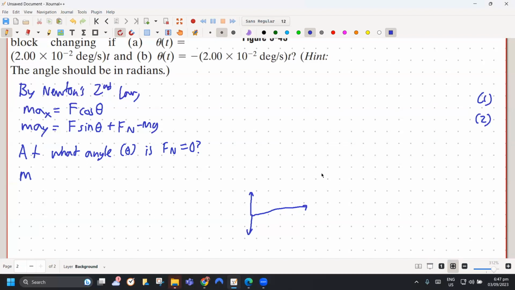When AY is... ito nga po, F sine theta minus mg. So for the critical condition, ano yan? Acceleration along y is still 0.